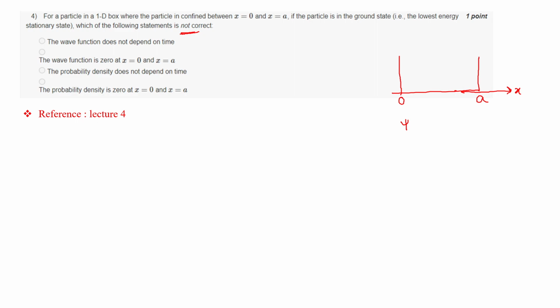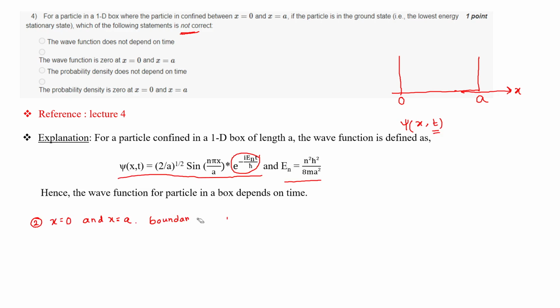When particle in a box was solved, Professor Hajra showed that there are boundary conditions. What are the boundary conditions?